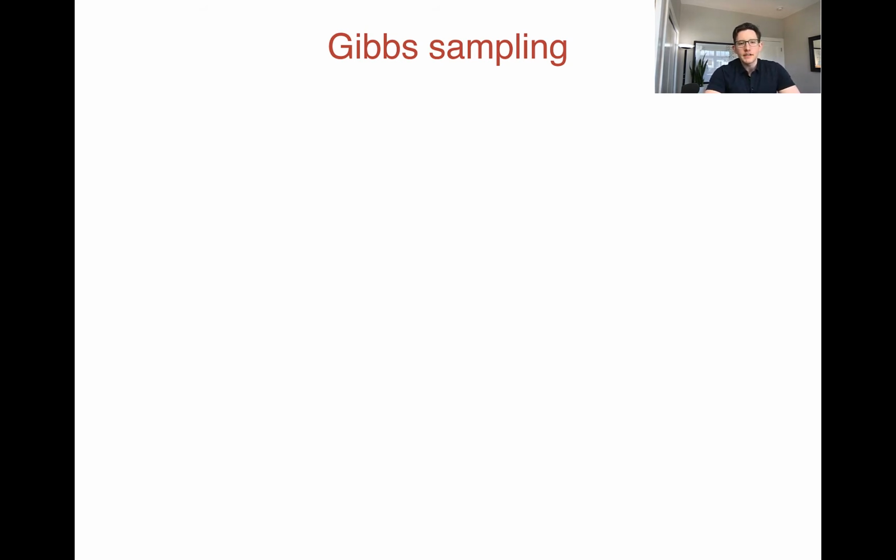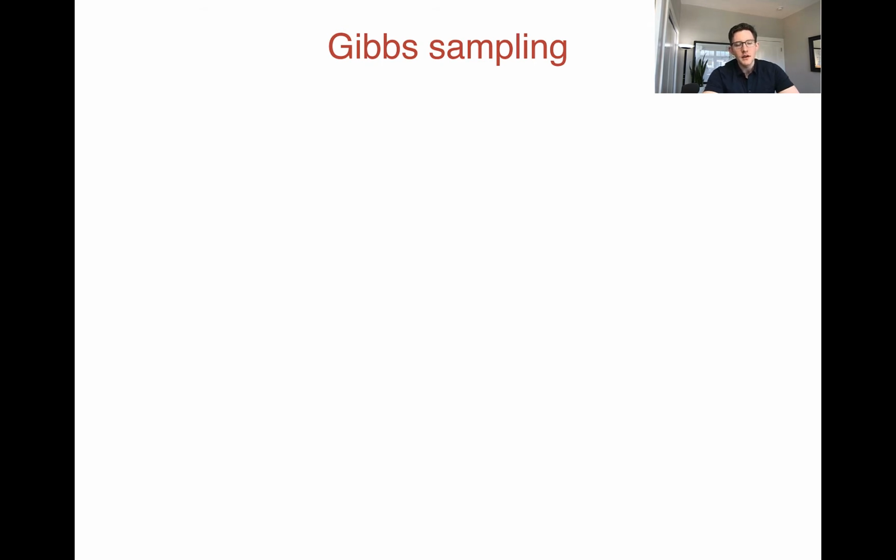What's a little bit different about Gibbs sampling than, for example, the forward sampling method we just saw for Bayesian networks is that Gibbs sampling is an example of a Markov chain Monte Carlo method, MCMC.